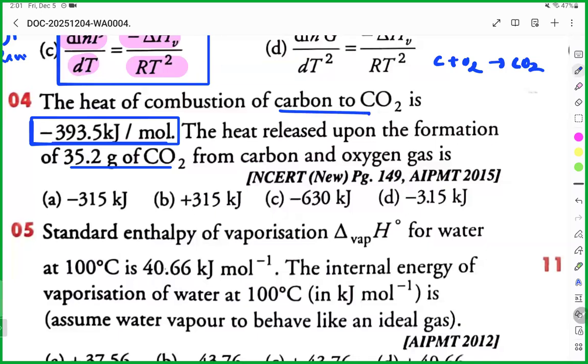Now I will ask one by one everyone. तेरा -5.